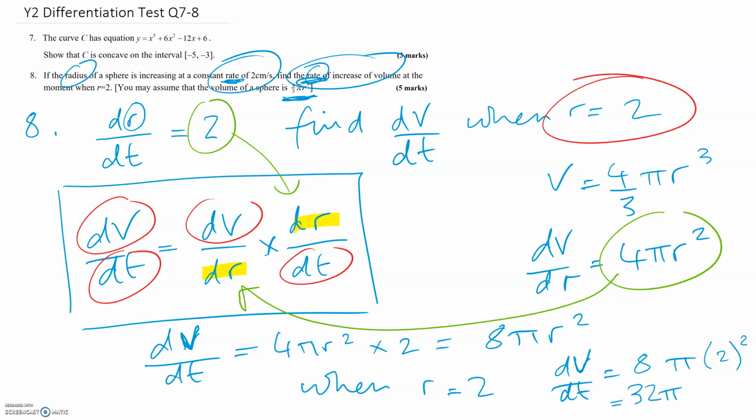You should probably put the units down. Leave this exact unless it says otherwise. So 32 pi. It's volume divided by time, so it's centimeters cubed per second.